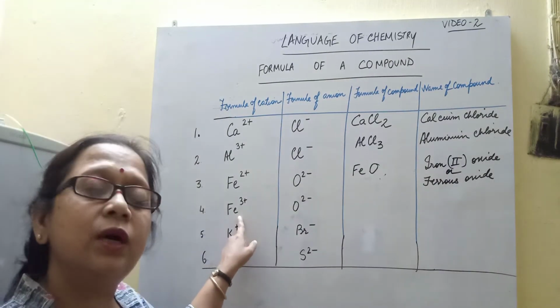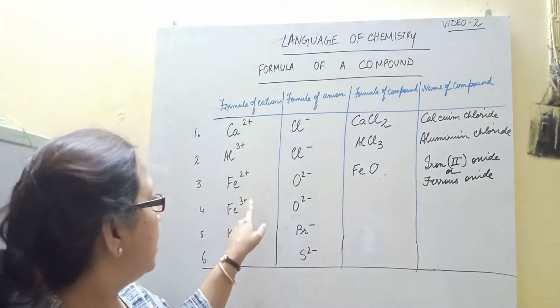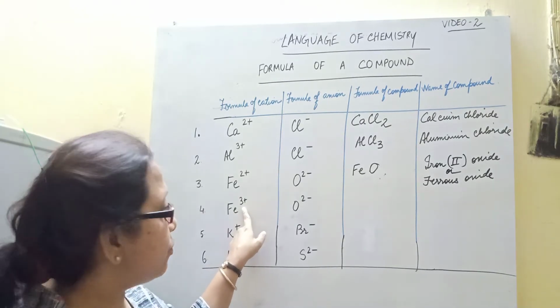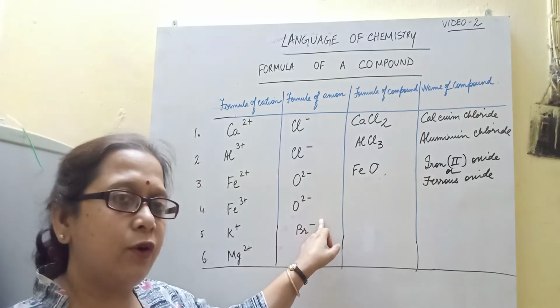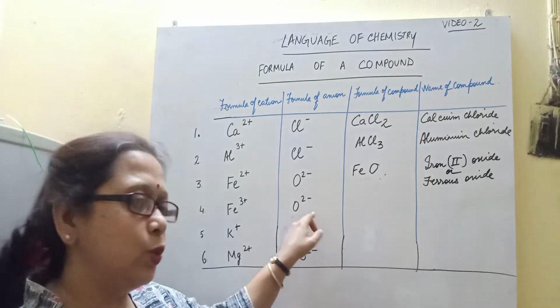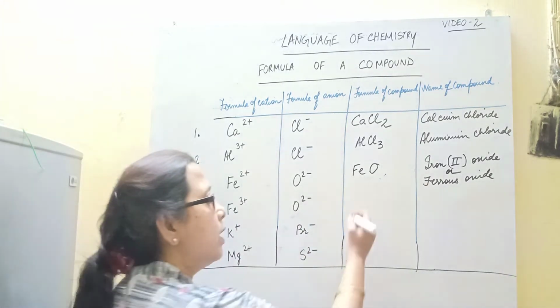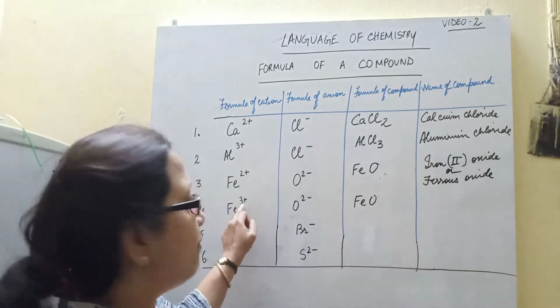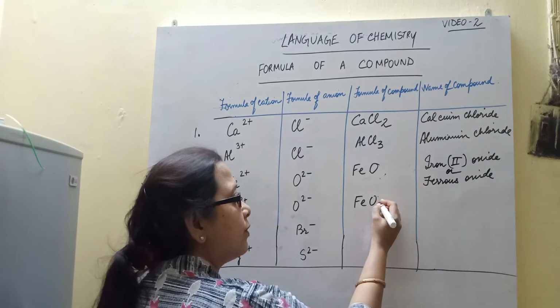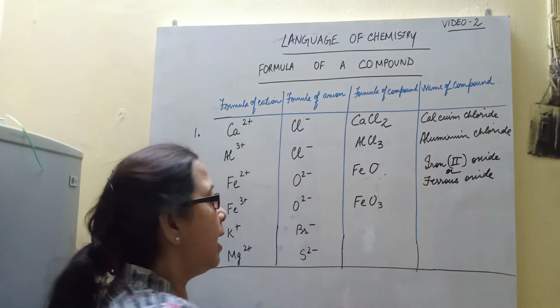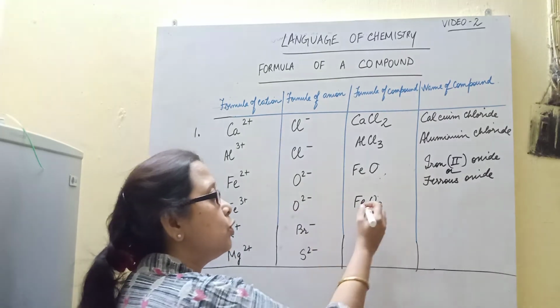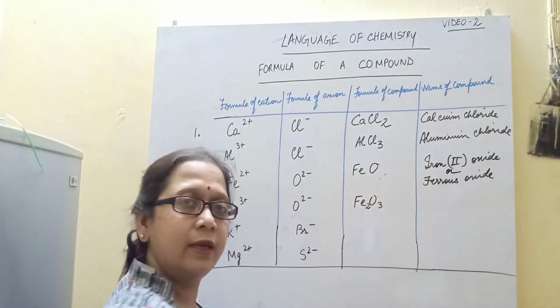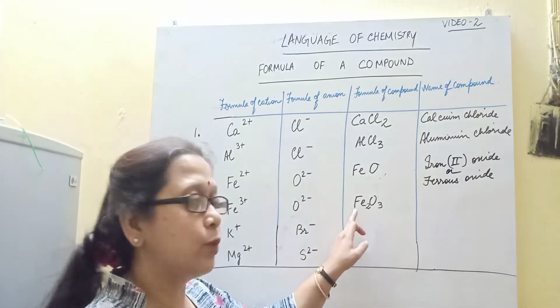Now coming to the other valency of iron. The other valency of iron is 3. The valency of oxygen still remains 2. It is always 2. So when we write the formula, the valency of 3 of iron comes to oxygen, and oxygen's valency 2 comes to iron. So the formula comes to Fe2O3.